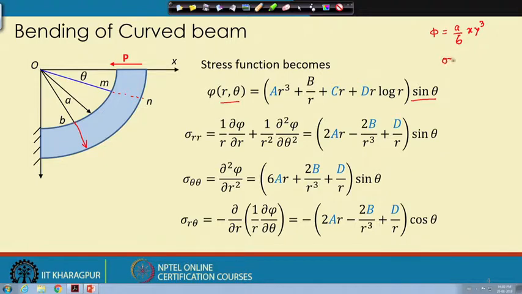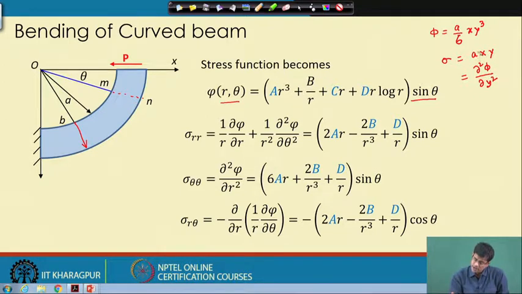Essentially the stress is the second derivative of phi with respect to y, in the rectangular case. Here Px is the moment, and this part becomes the moment M y by I. This form was chosen.